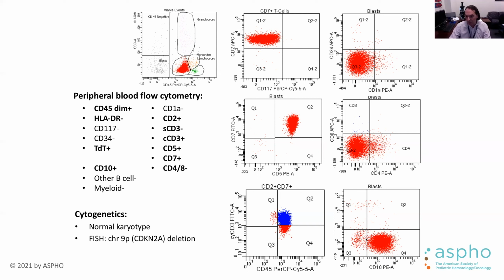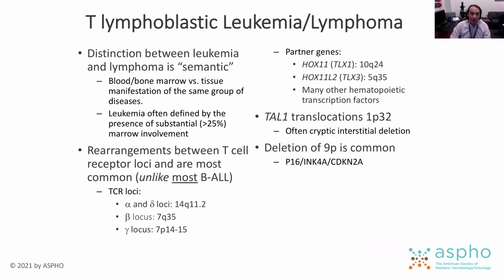This case makes the point that the common ALL antigen CD10 can also be seen in TALL. This case had a normal karyotype, which is often the case, but by FISH showed a chromosome 9p CDKN2A deletion, which is particularly common in TALL, but carries no prognostic significance.